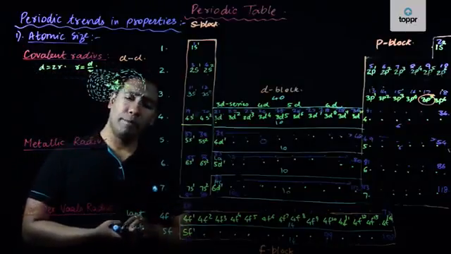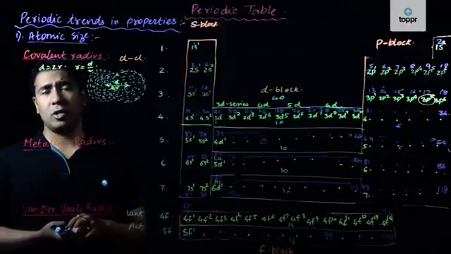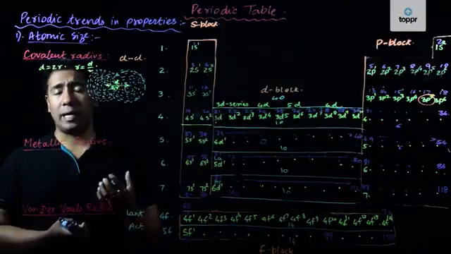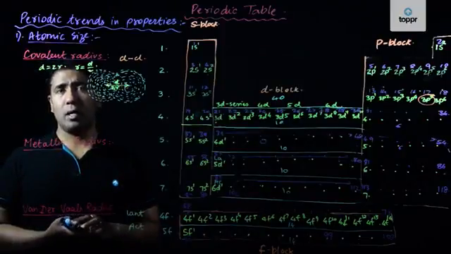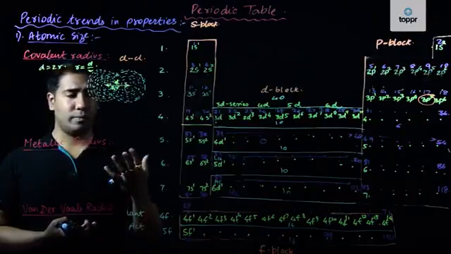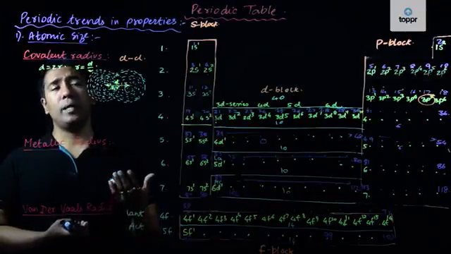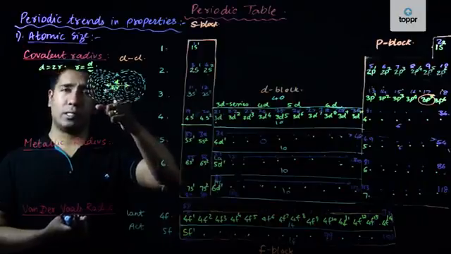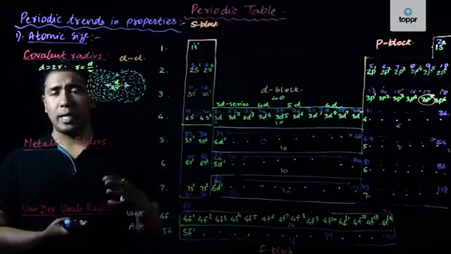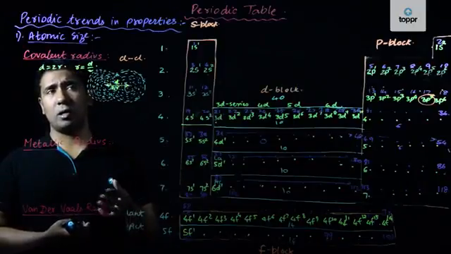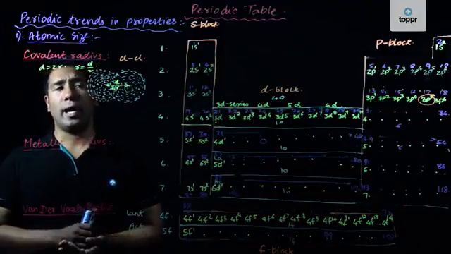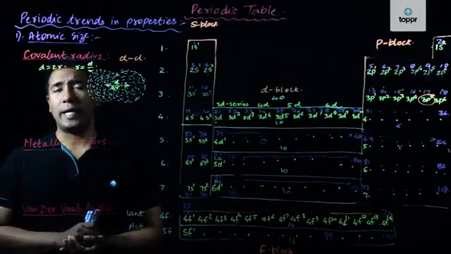Again, when we have different metal ions present in the metal crystal, we will find out the distance between two adjacent metallic ions which are placed nearby, and with that we can find out the metallic radius.